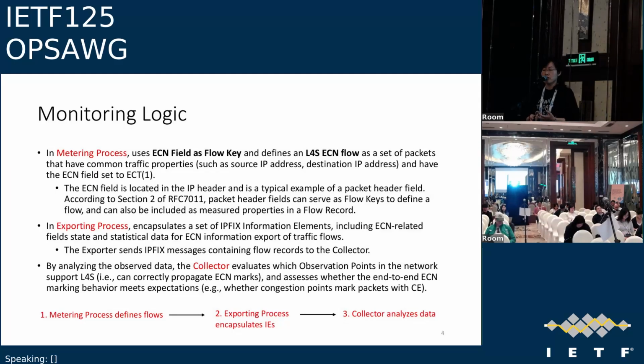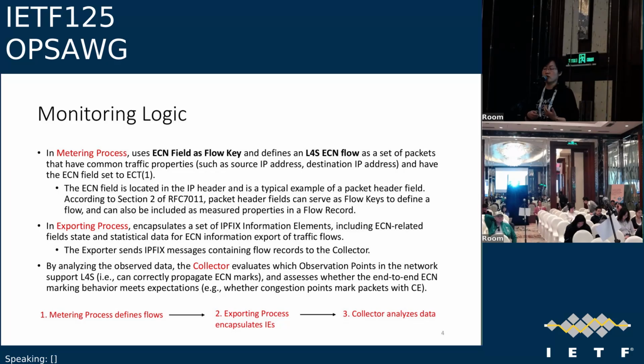In the metering process, in this draft, we use the ECN field as the flow key and define the L4S ECN flow as a set of packets which have common flow capabilities and also have the ECN field such as ECT(1). In the exporting process, it encapsulates the IPFIX message, which may include ECN related information, such as the field status and some other statistical data.